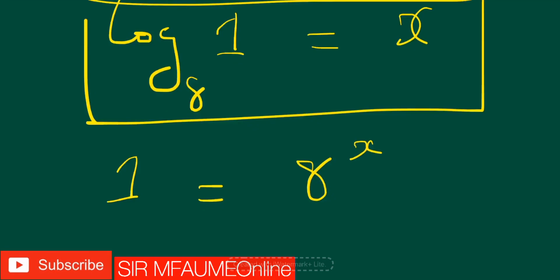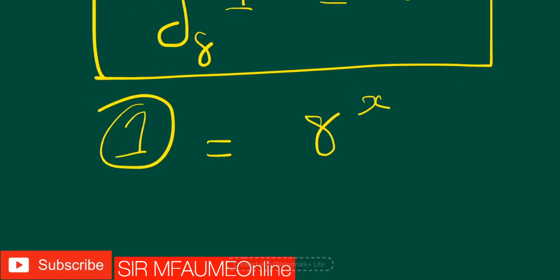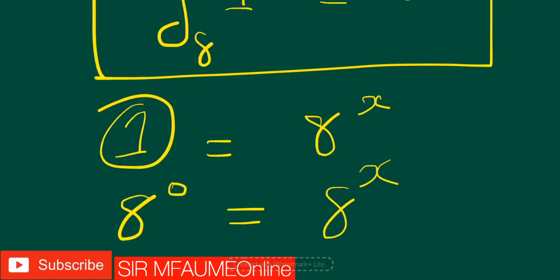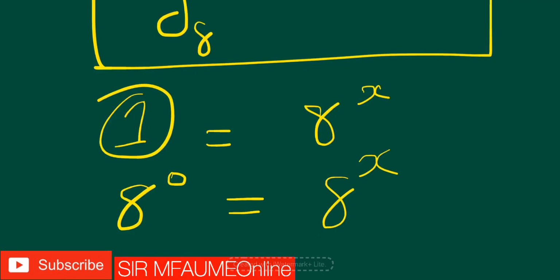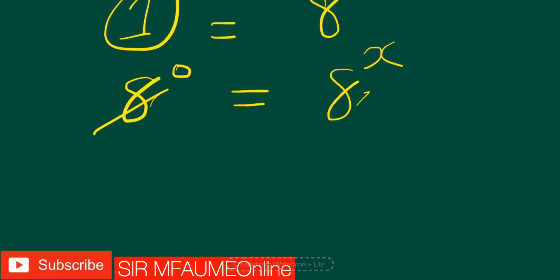Then, we know that any number to the power 0 is equal to 1. So instead of writing 1, I can write 8 exponent 0. So 8 exponent 0 equals 8 exponent x. Then I know that with the same base, the exponents are the same.